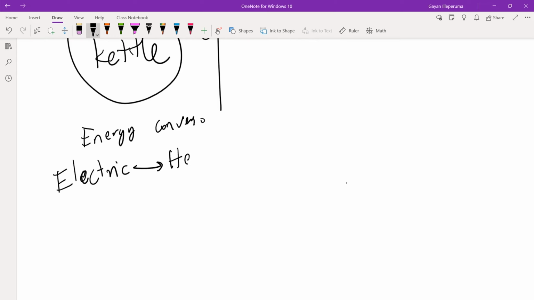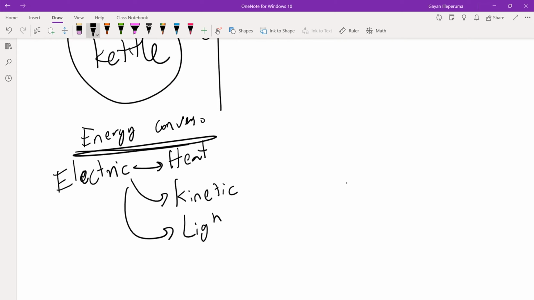It can be heat, kettle will convert it to heat, or it can be kinetic energy, the motion, like in a fan, or it can be light. So energy conversion is the main objective. The keyword is objective. What we expect from this device.